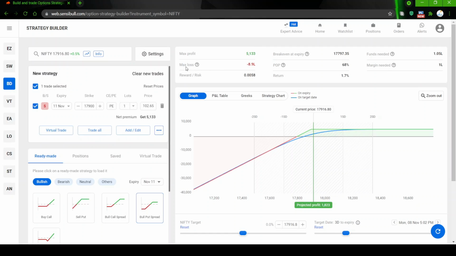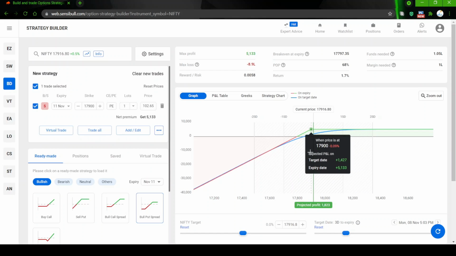Where is the risk? In the maximum loss. You can see the maximum loss of about 8.9 lakhs. This figure is very hypothetical because it gives the indication that by expiry Nifty goes to zero. That is not going to happen, but that is the risk we are talking about.